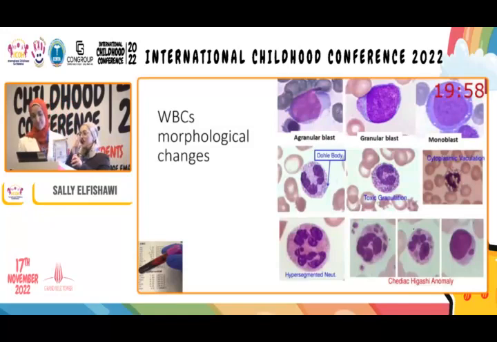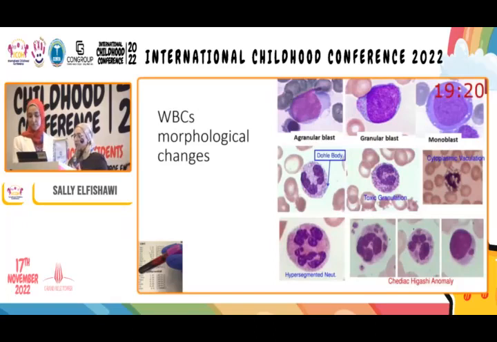For the white blood cells, it's a whole different issue. Morphological changes are so many, and they are more frequently encountered than the morphological abnormalities in the red blood cells, and they are more serious. So whenever you see a cell that shouldn't be in the peripheral blood, represented by a morphological abnormality like a blast cell, a monoblast, a promyelocyte, a granular blast, this can trigger some serious hematological disorders.